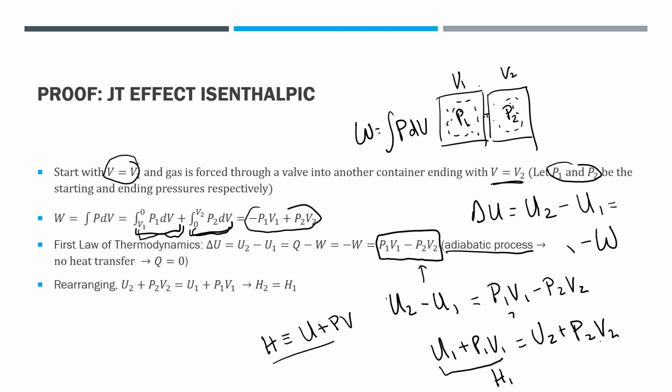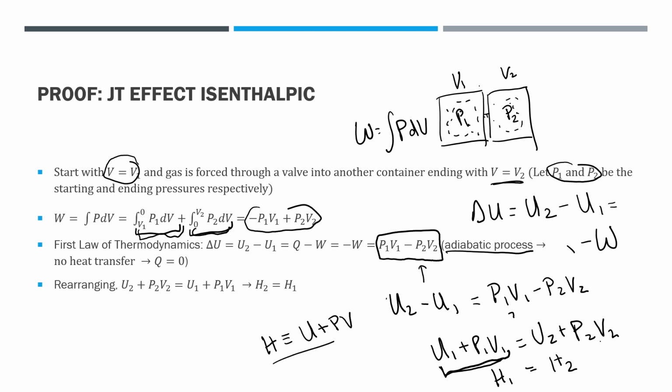This is something we'll go over in later videos, but it's an important definition to know in thermodynamics. So this left side is equal to the starting enthalpy. The right side is equal to the final enthalpy. So we've just shown that the starting enthalpy equals the final enthalpy, which means that the change in enthalpy is equal to 0, which means that my process, the Joule-Thomson effect, is isenthalpic.